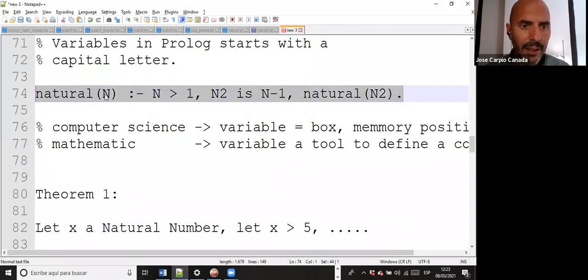So if N here takes a value, it doesn't change. This N is the same here, and here, and here. And if I write in another line another N, it is a different N.